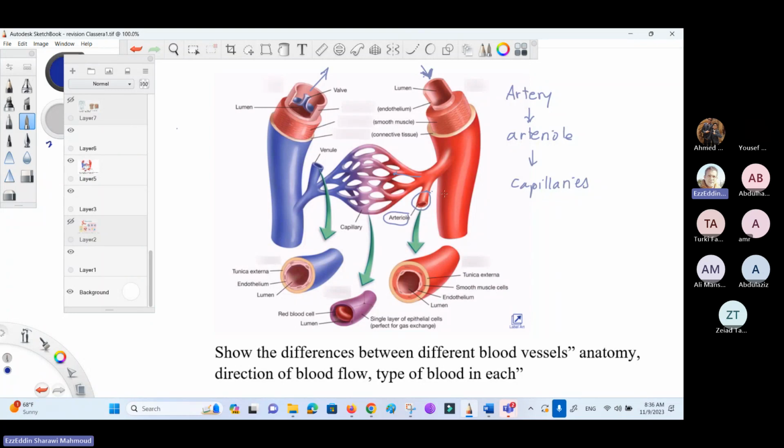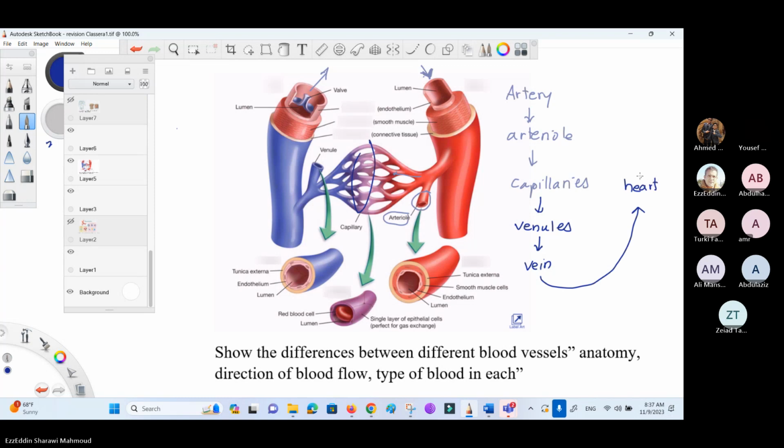After finishing their job, the capillaries will join into another, bigger vessel, the venule. Venules at last will collect into another bigger blood vessel called vein. Where does the vein go? It will go again to the heart.